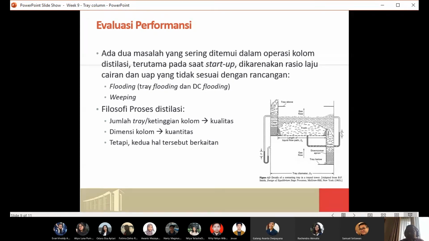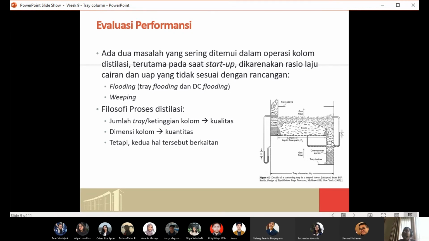Another type of flooding is downcomer flooding. That flooding occurs inside the downcomers. You can see here, the downcomer is the way for the liquid to flow from the overflow of this weir to the tray below. So there will be a level in this downcomer.